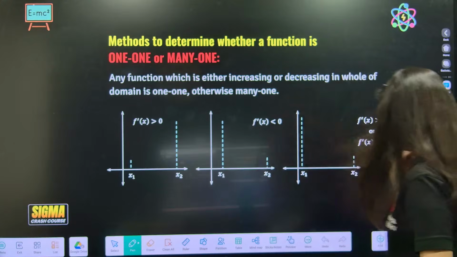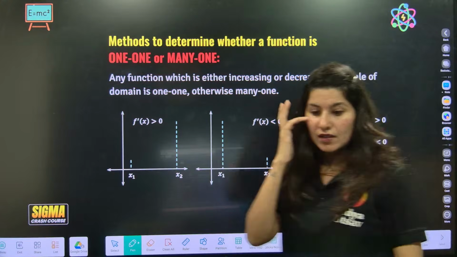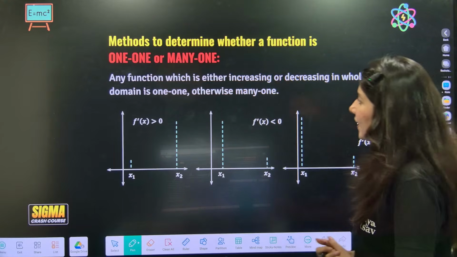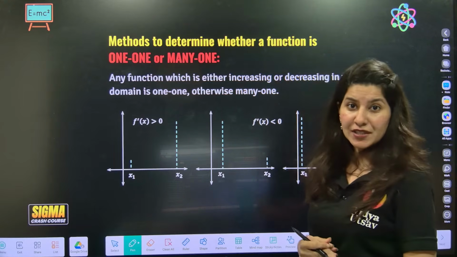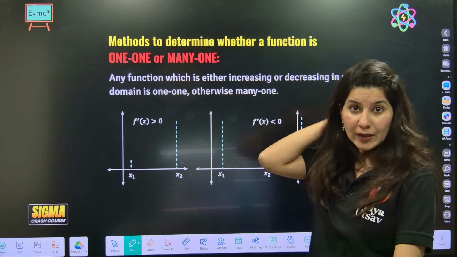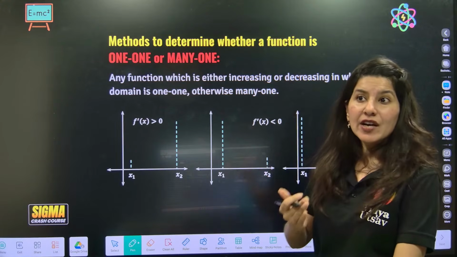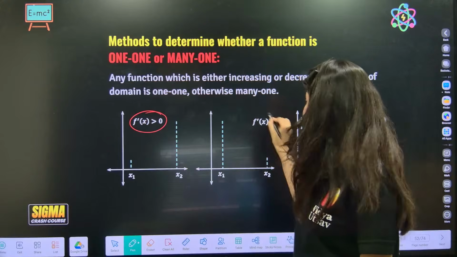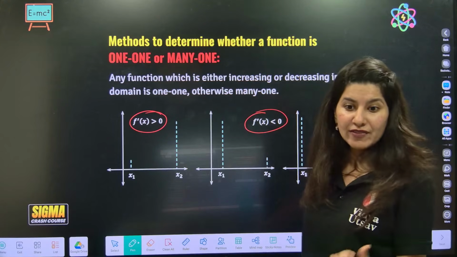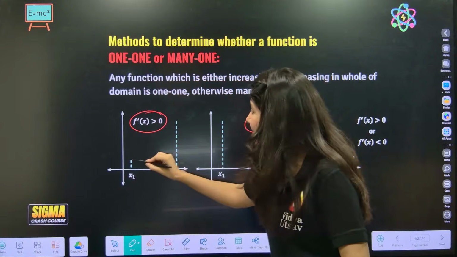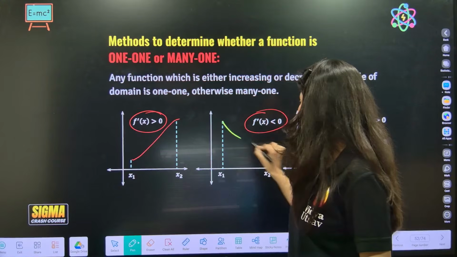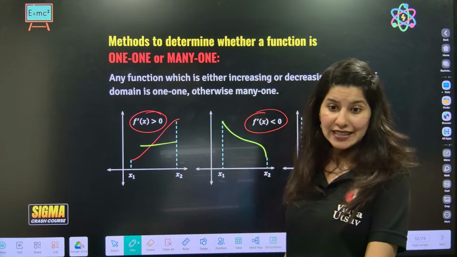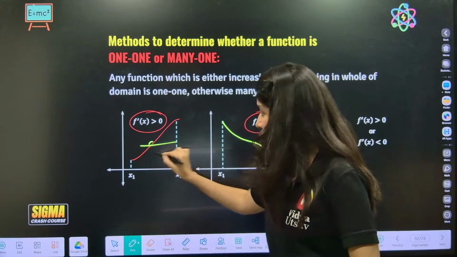All right. Over here, understand that if a function is one-one, its derivative will either always be positive or always be negative. Let me show it to you. f dash x positive means increasing function. f dash x negative means decreasing function. If it is increasing, then the horizontal line test gives you one-one.